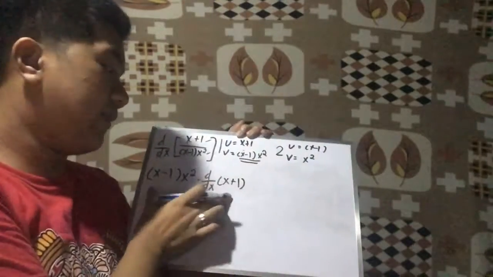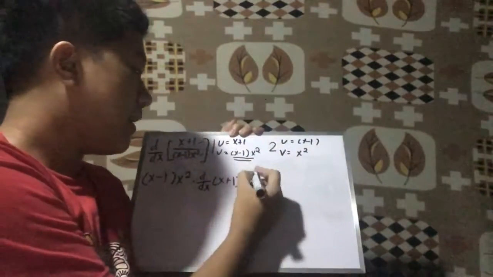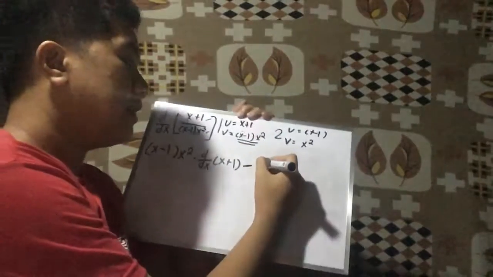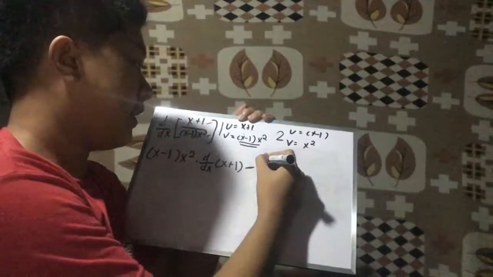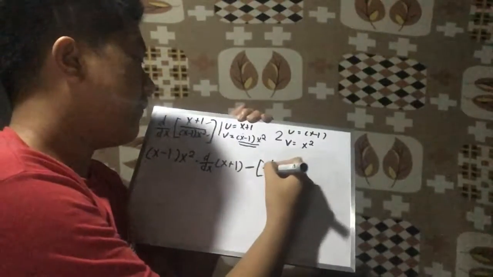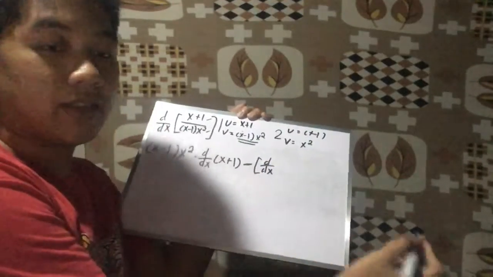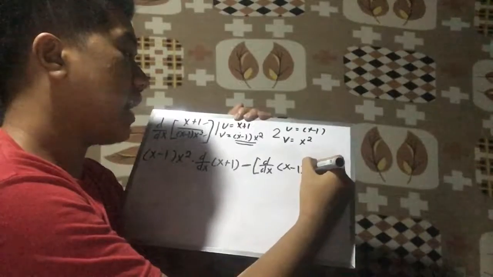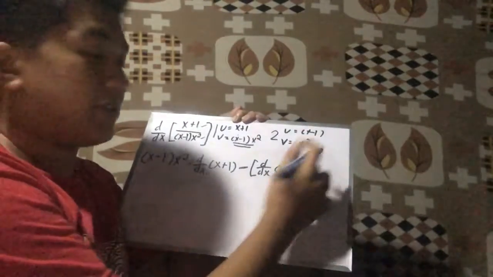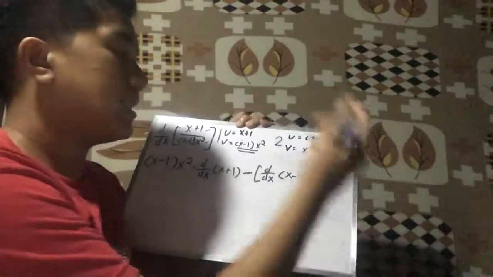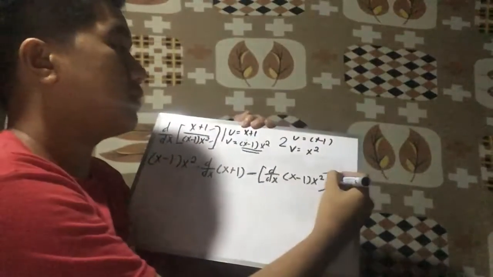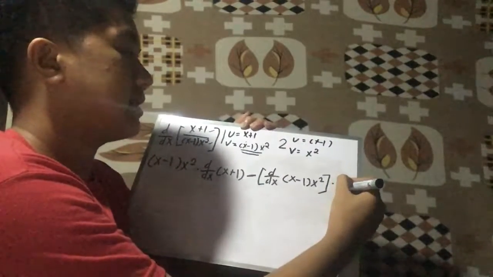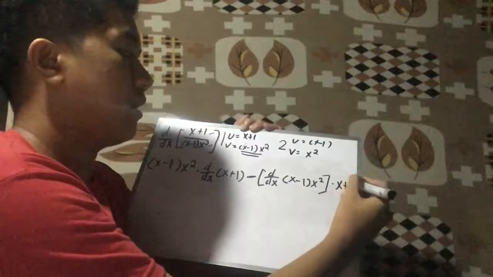That will be the first set of terms, minus, let's put a bracket here, the derivative d over dx of x minus 1 times x squared, times x plus 1.